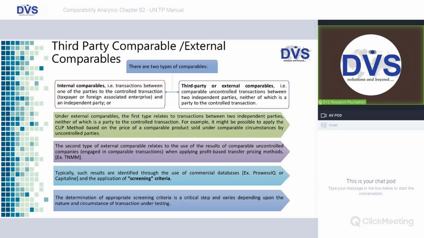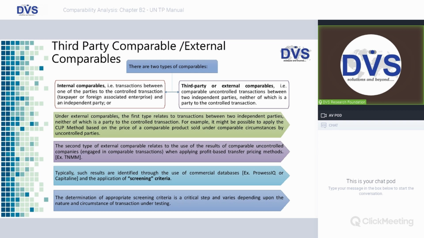An internal comparable would mean that either your company is having a similar type of transaction with an unrelated independent third party, or your foreign entity is having a similar transaction with an unrelated third party. So where either of the parties to the transaction is involved in third party transactions which are independent and not controlled, those comparables would be internal comparables.